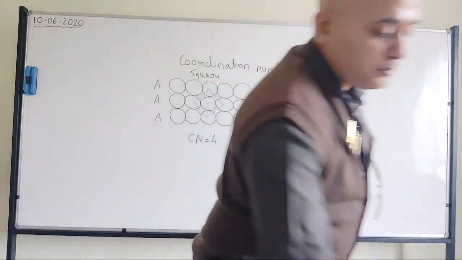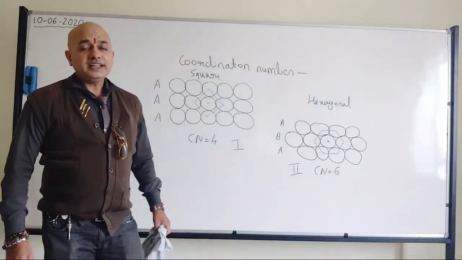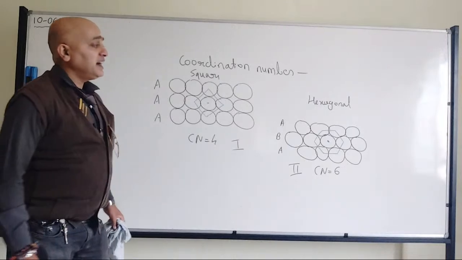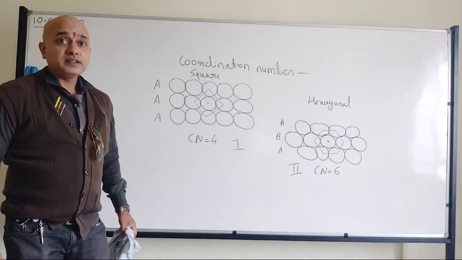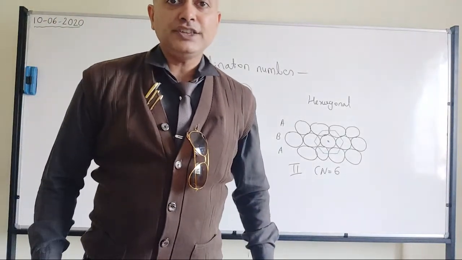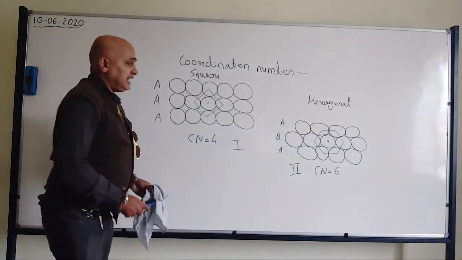So that's where I have got the 2 types of arrangements in 2D, the two-dimensional arrangements: AAA and ABA.